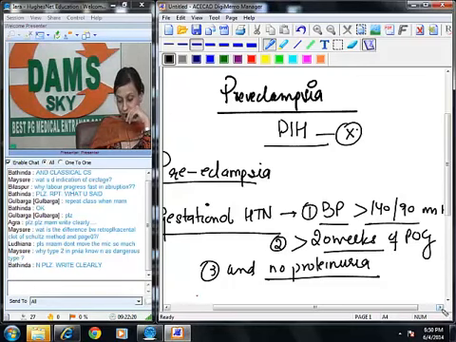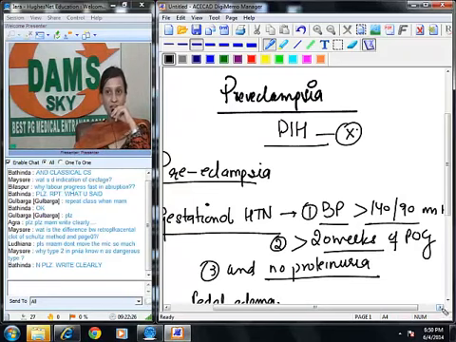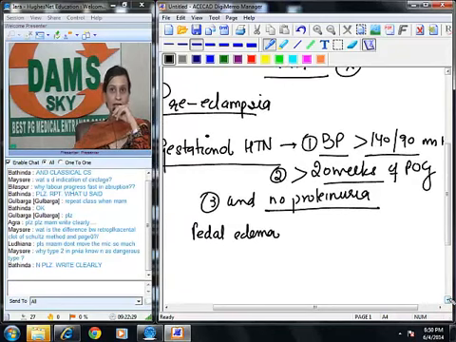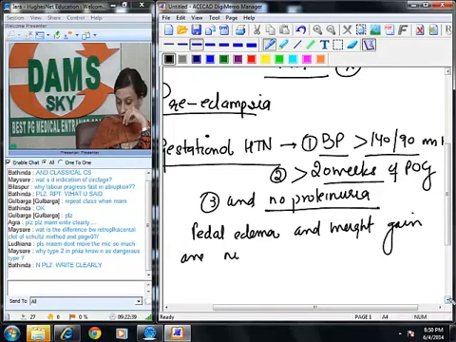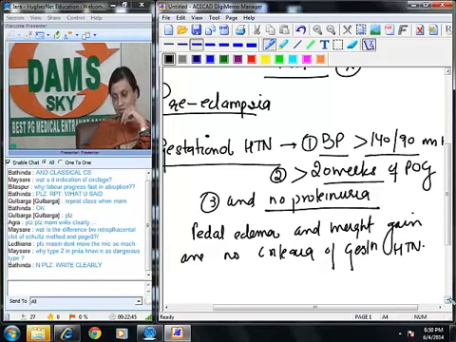Please understand, pedal edema and weight gain are no longer criteria for diagnosis. They are no criteria for diagnosis of gestational hypertension or preeclampsia.